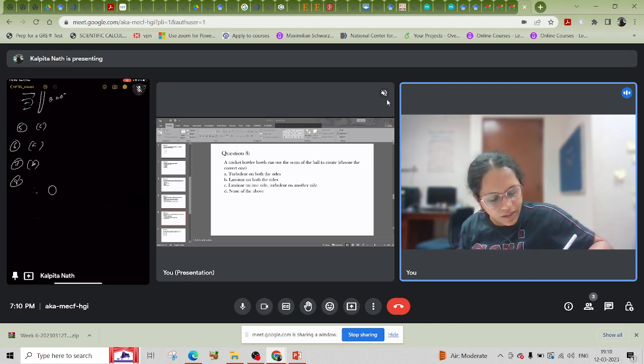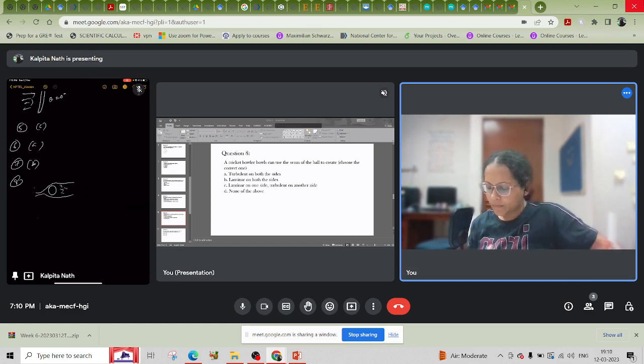Like if the ball is like this, it will get separated and waves will be formed here. This is called boundary layer separation.